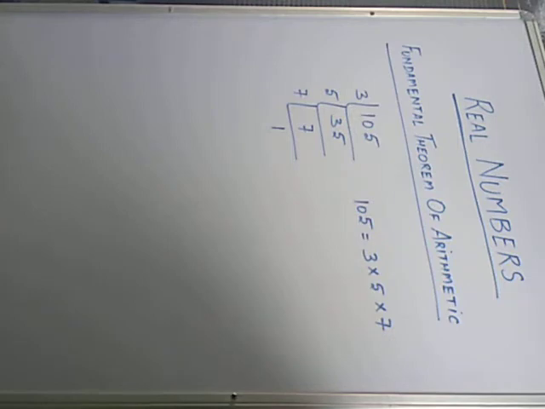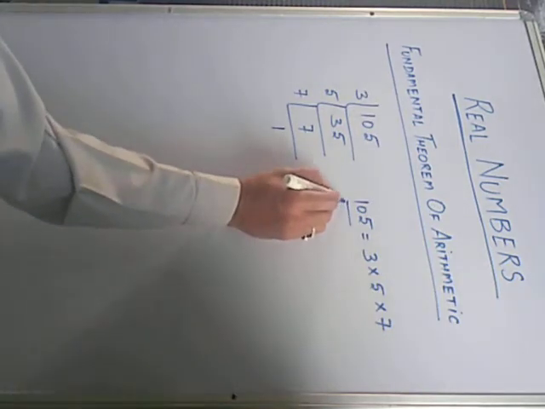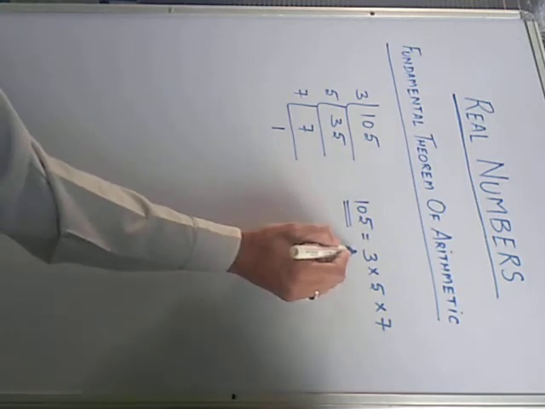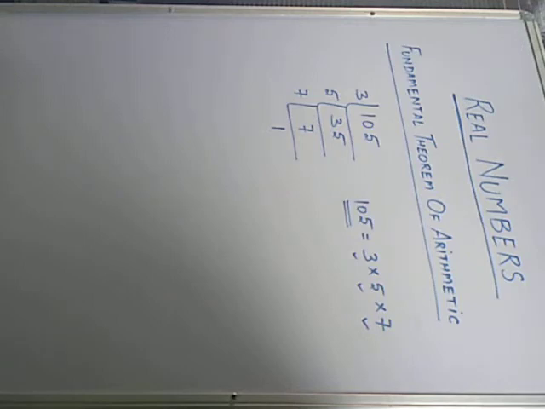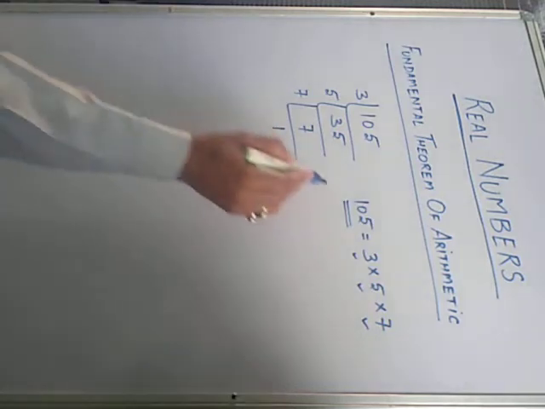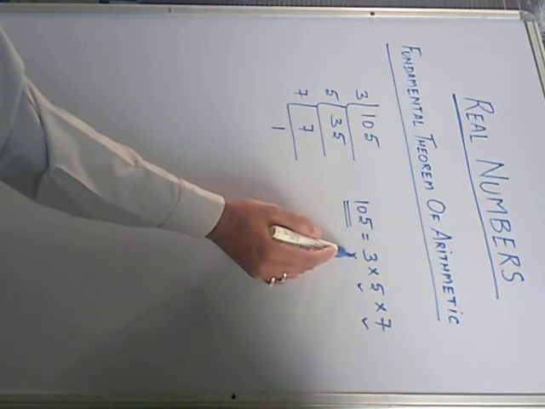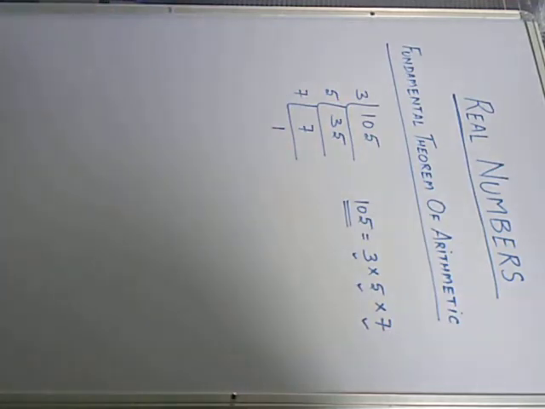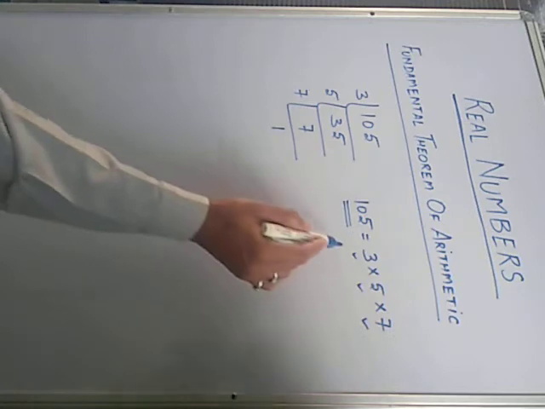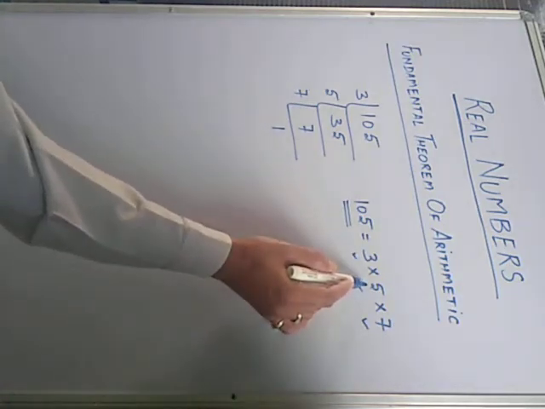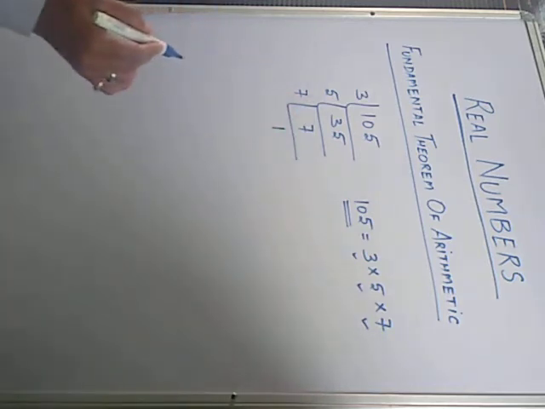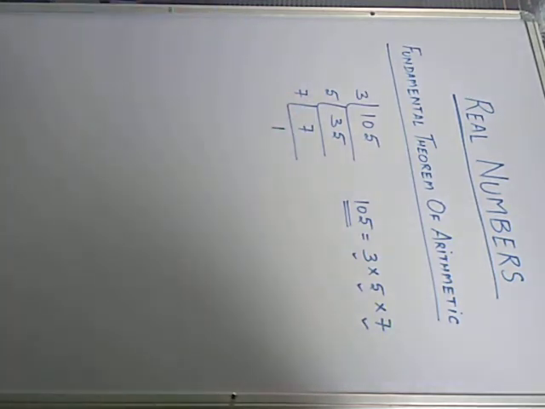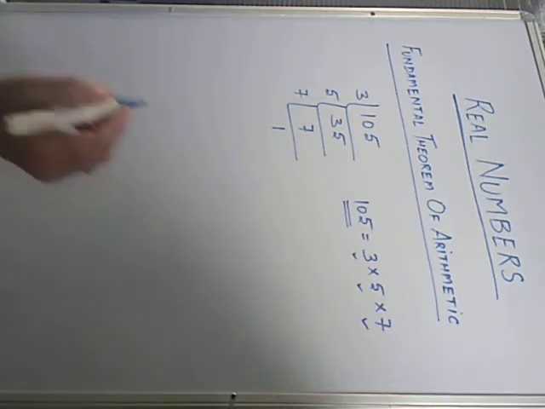Now you can see 105 is a composite number, and 3, 5 and 7 are prime numbers. So the fundamental theorem is that every composite number can be expressed or factorized as a product of primes. 3 fives are 15, 15 sevens are 105. And this factorization is unique apart from the order in which the prime factors occur.